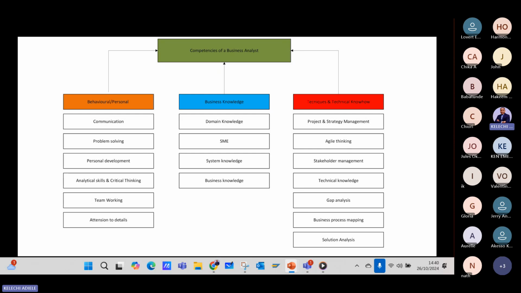At some point, you need to specialize in one aspect. For example, in the example I gave, it's an issue between the CFO and the IT, and I'm supposed to be in the middle.